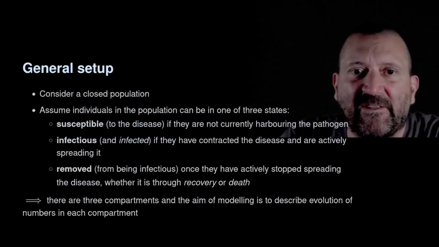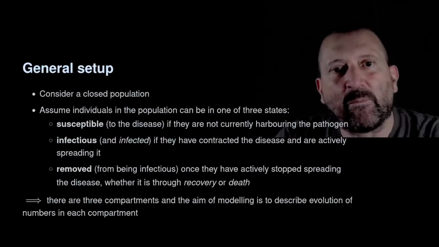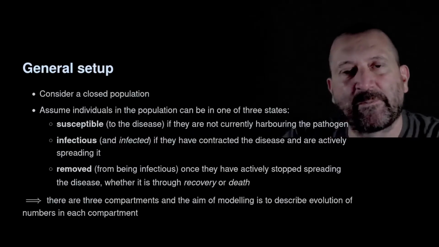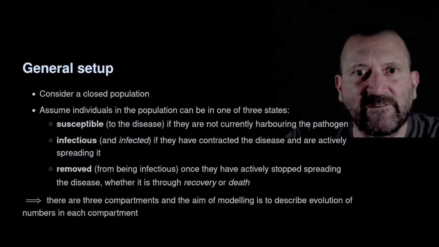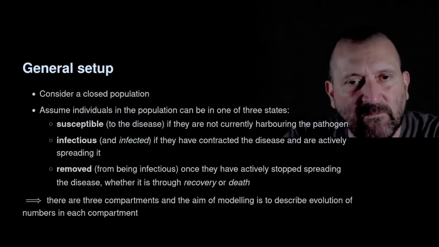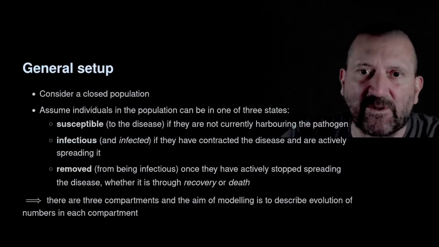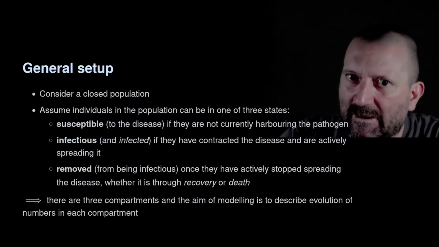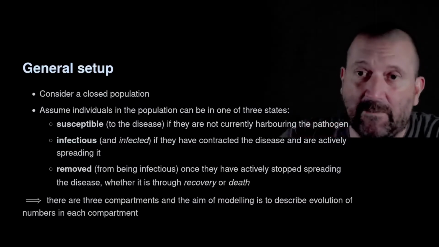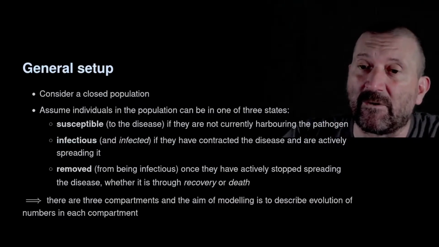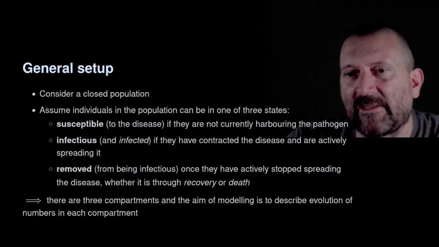Now, the general setup for the Kermack and McKendrick model is quite simple. They assume a closed population in the sense that there is no inflow into the population nor outflow from the population. They assume that individuals can be in 3 states. There are individuals who are susceptible to the disease, and that means they're not currently harboring the pathogen and they're naive to the pathogen. They haven't contracted the pathogen yet.